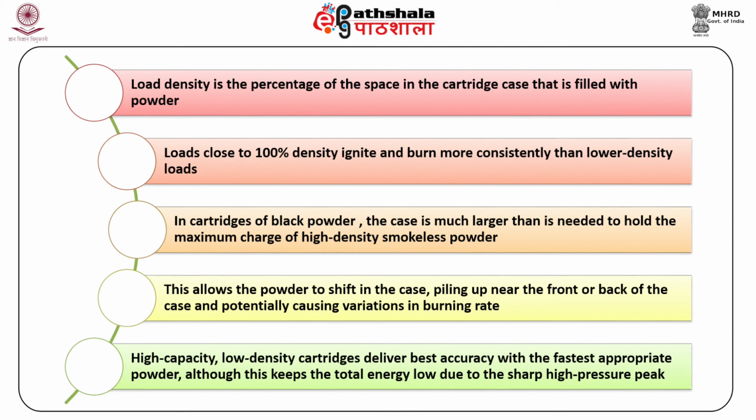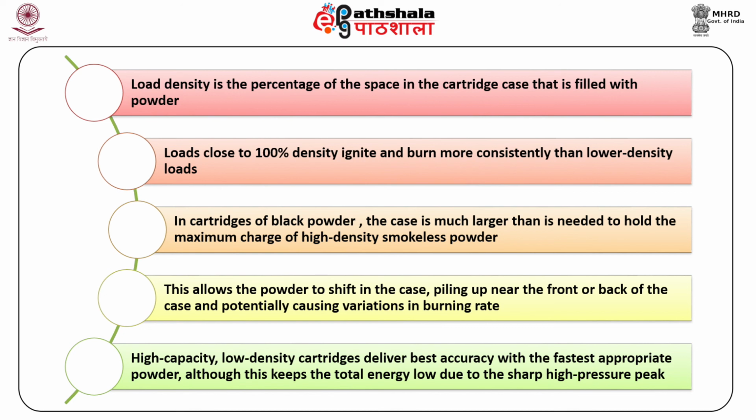The extra room allows the powder to shift in the case, piling up near the front or back of the case and potentially causing significant variations in burning rate. As powder near the rear of the case will ignite rapidly, but powder near the front of the case will ignite later.